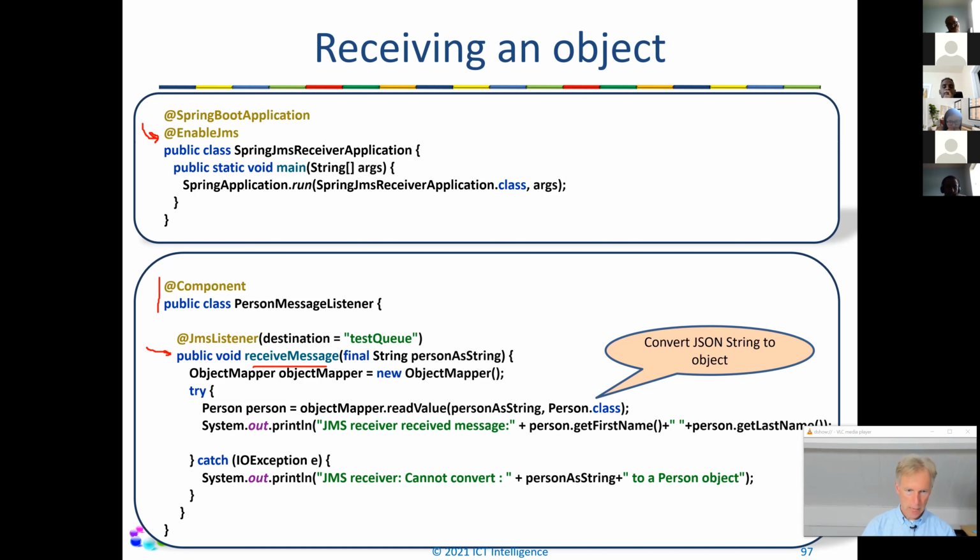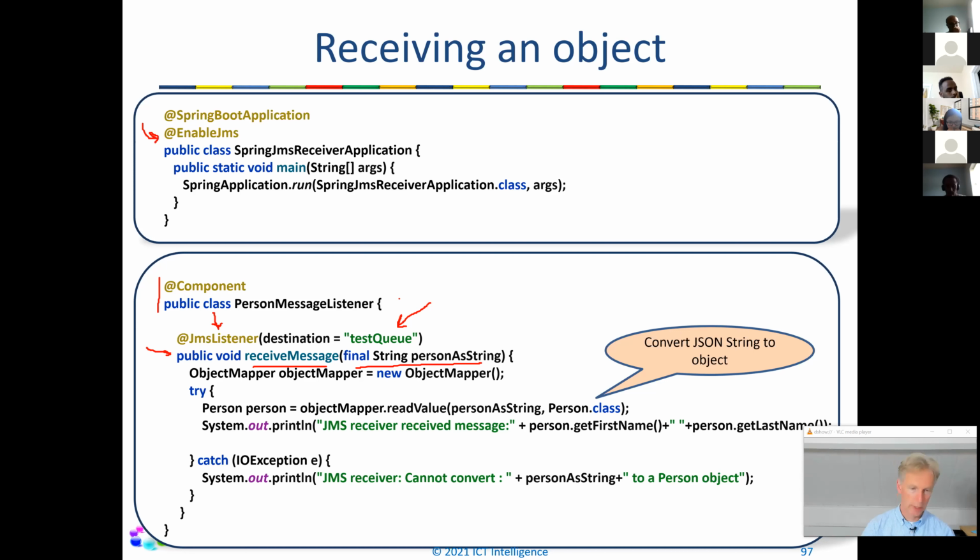And it gets in a string, it's a JSON string. And basically I say here, I have a JMS listener. Whenever something comes in at the queue testQueue, call this method. And the content of that message, that string, I pass to this method. That's all I need to do.